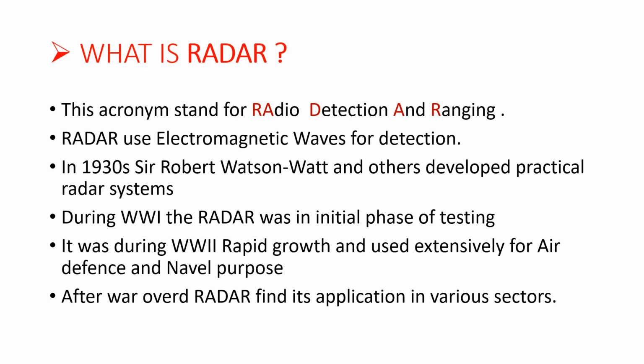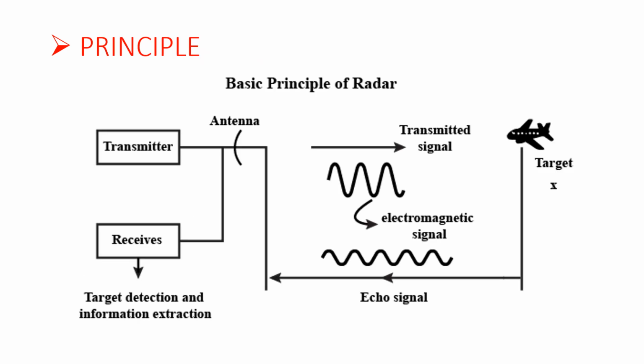During World War Two, it saw rapid growth and was used extensively for air defense and naval purposes. After the war was over, radar found its application in various sectors like medical and engineering.